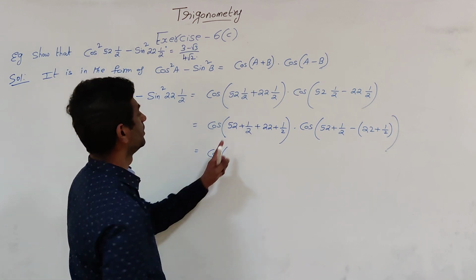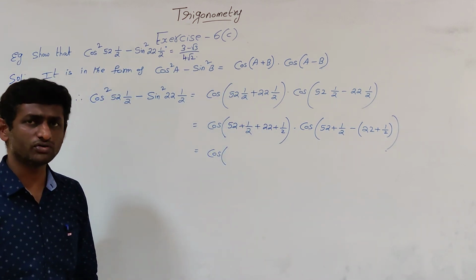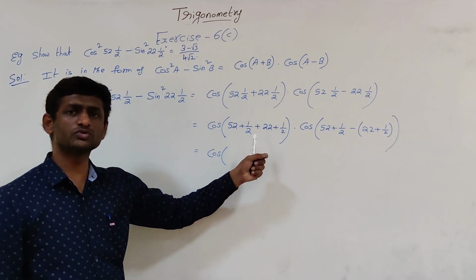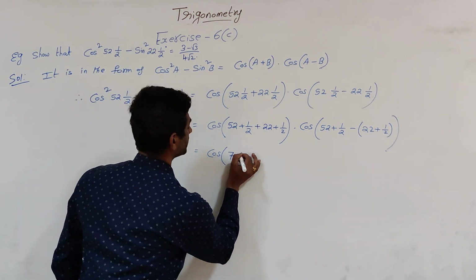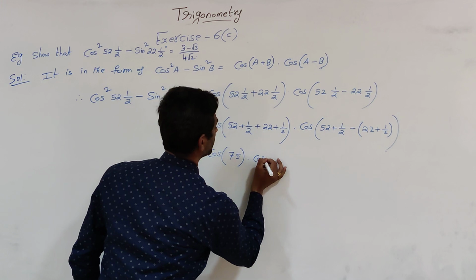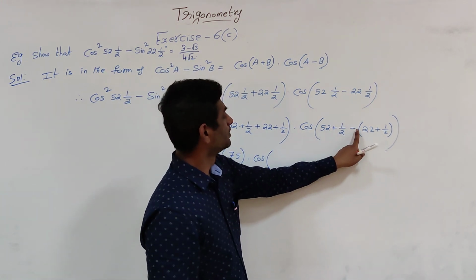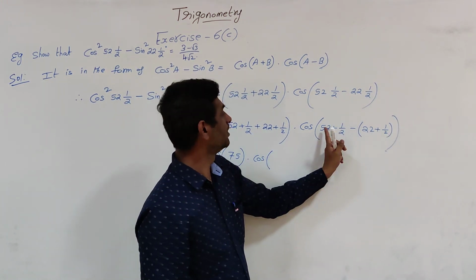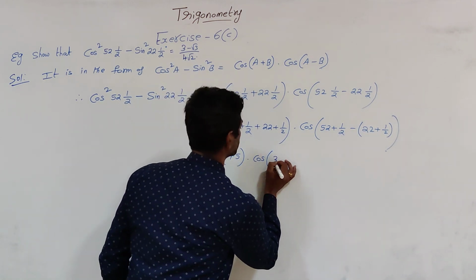Cos of 52 plus 22, 74, plus 1 by 2 plus 1 by 2 gives 1. So it is total 75, into cos of, 1 by 2 minus 1 by 2 gets cancelled, 52 minus 22 gives 30 degrees.